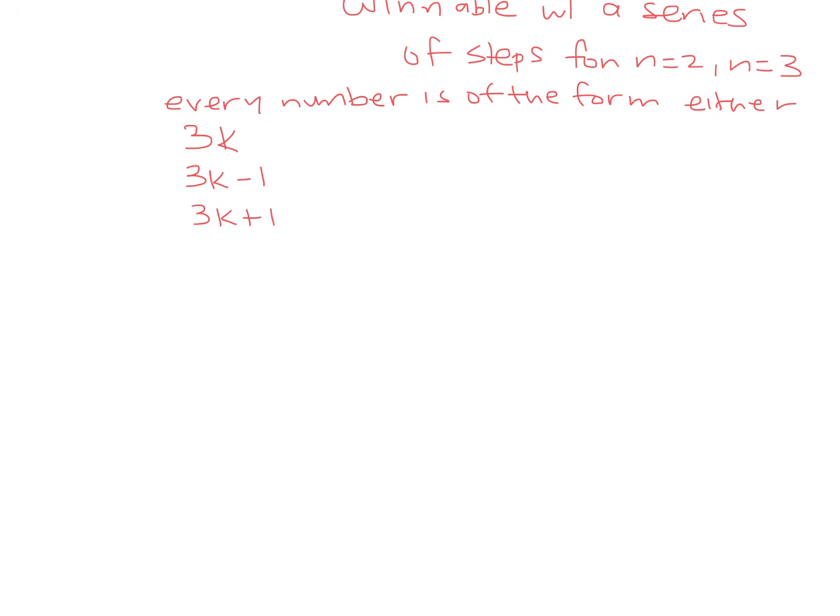Because, for example, an example of 3k would be 9. An example of 3k minus 1 would be 8. An example of 3k plus 1, if k equals 3, would be 10, right? And what about 11? 11 would be this guy. 12 would be this guy. 13 would be this guy. You see what I'm saying? Any number can be put in one of these 3 categories.